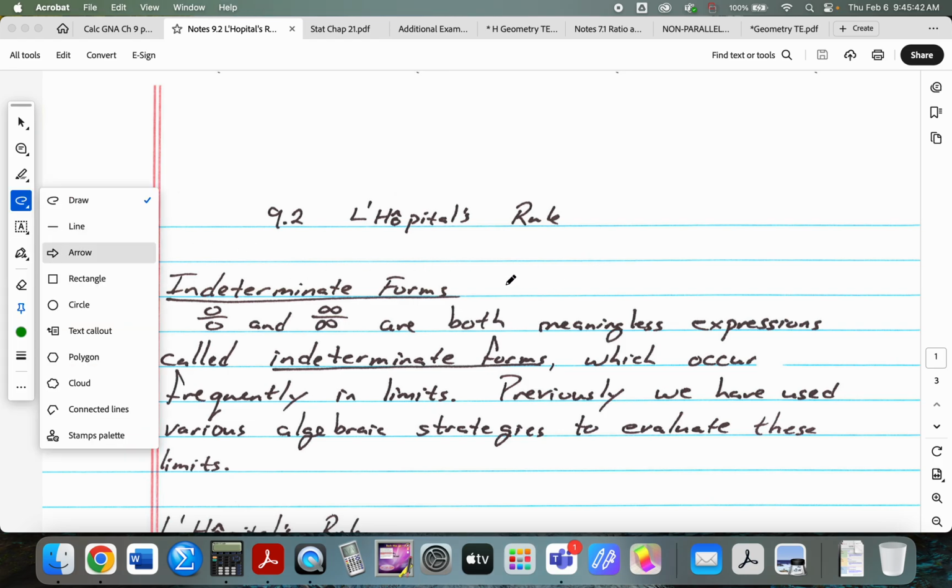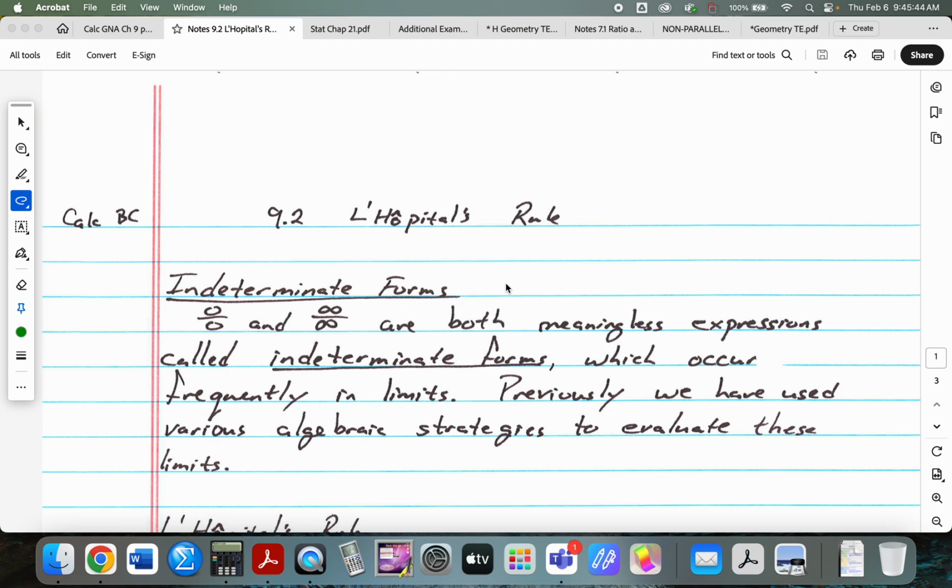So the idea is you may or may not remember from way back at the very beginning of the year when we were talking about limits that if you get 0 over 0 or infinity over infinity, that has no meaning at all.